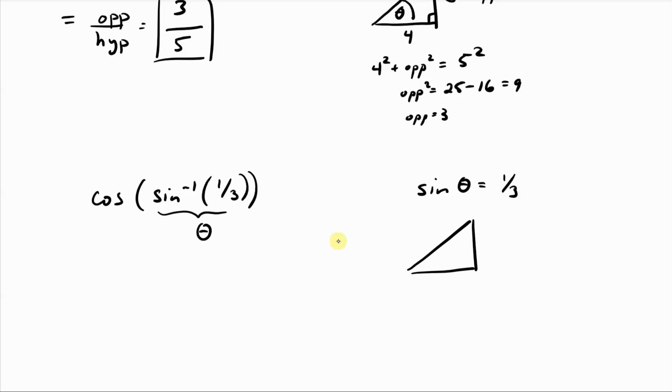So in a triangle, if I've got the sine, this is 1/3. I can calculate this side. This side is 3 squared minus 1 squared, square rooted. So this is square root of 4 minus 1, so square root 3.